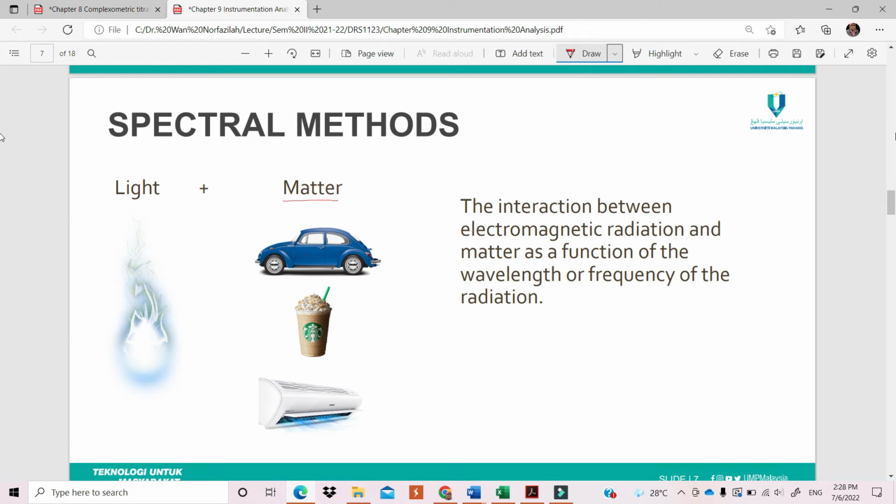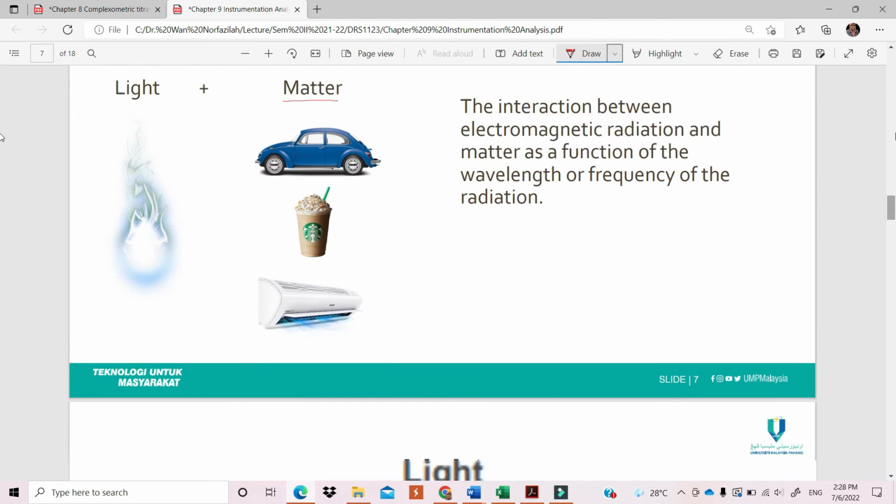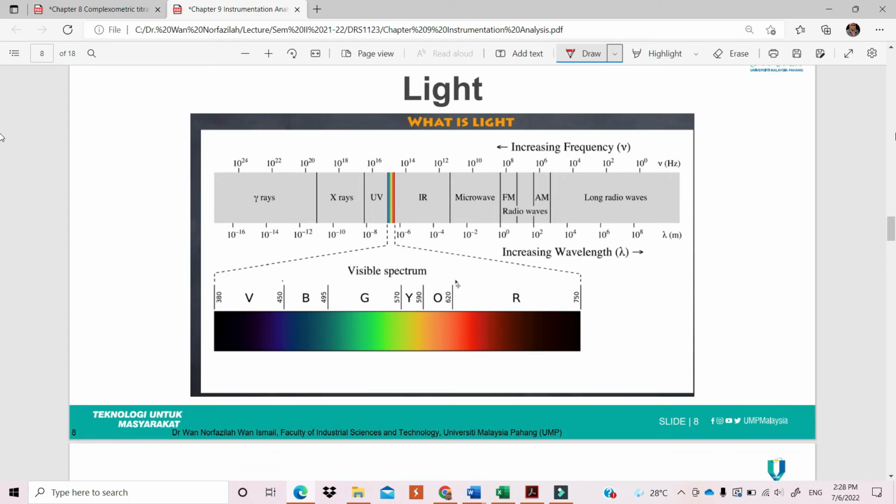So when the light interacts with the matter, this light is either absorbed by the matter, emitted, or scattered, and there is a frequency of radiation that will be measured by the instrument. So that instrument will be classified as spectral methods.